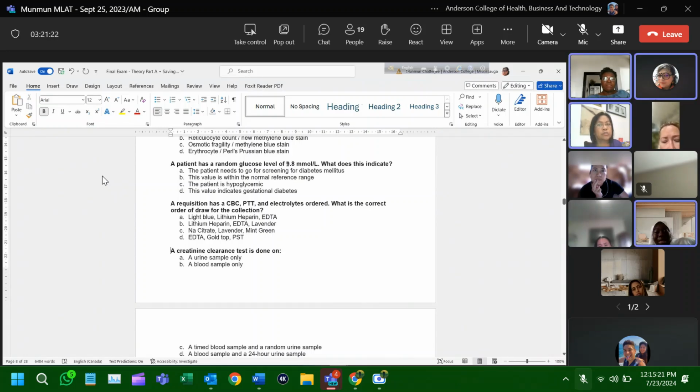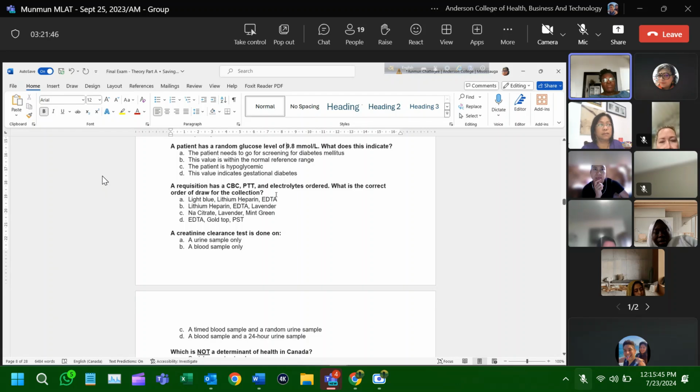It's a random blood sugar, not a fasting blood sugar, but they still need to be checked for diabetes. It can be high but is still in the range. Gestational diabetes is different. So A, you check the patient. Yes, A.